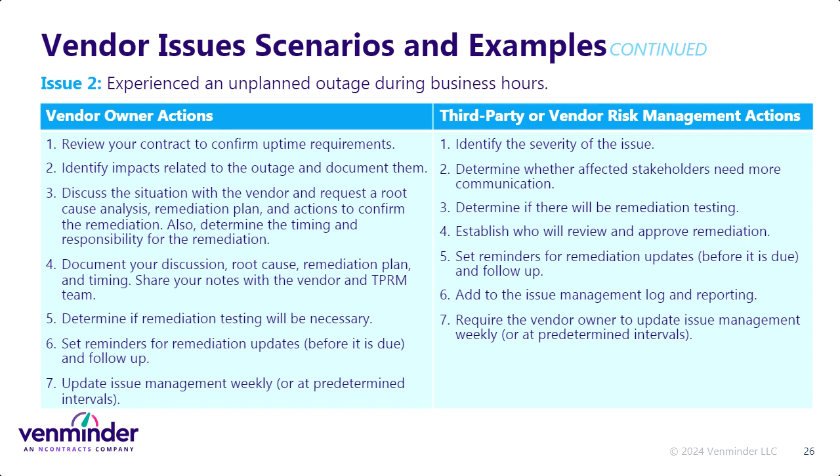I think you're seeing a trend here, similar things that this vendor owner is going to do. And the same thing on the third-party risk management side. They're going to identify the severity of the issue and determine what stakeholders need to be involved. They also need to work side by side to determine what remediation there will be, if there will be remediation testing, determine who should be around to review, set up reminders for follow-up, and ensure it's logged appropriately.